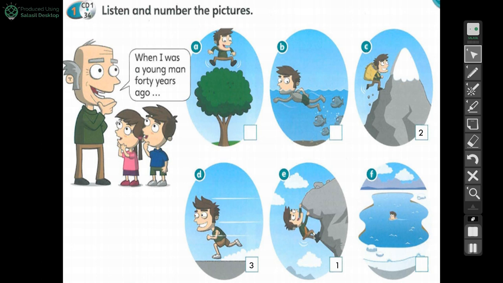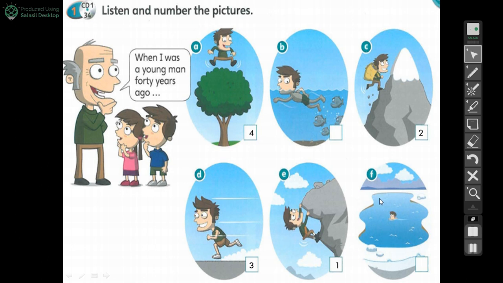I could jump higher than a tree. He could jump higher than a tree. Which picture? Yes, picture number A. Fantastic. I could swim for 10 hours in a cold lake. Oh, Yes, he could swim for 10 hours in cold lake.